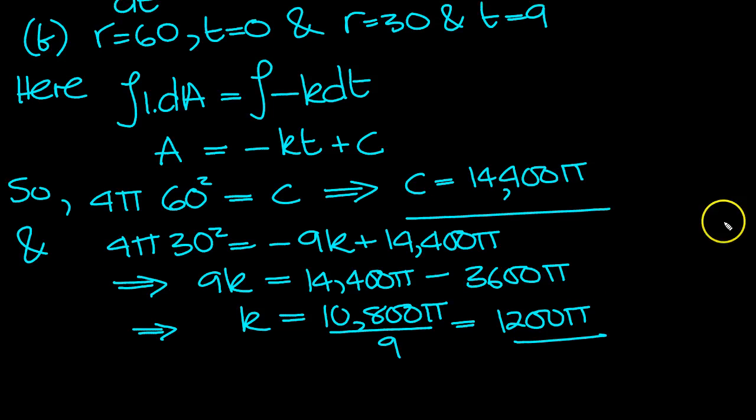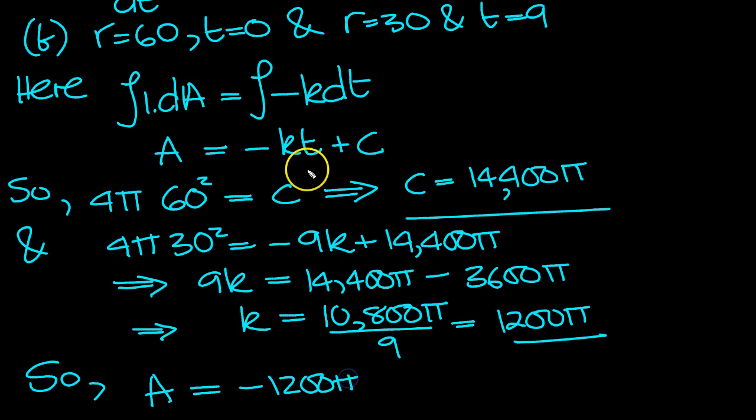So what do we get then? So A is equal to minus kt, minus 1200π times t plus the 14,400π.